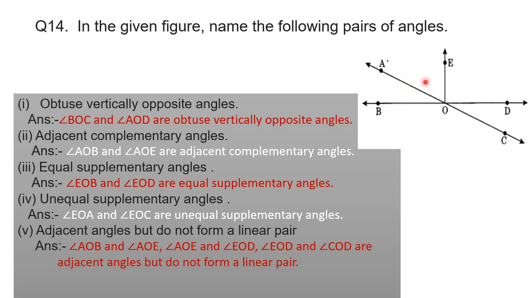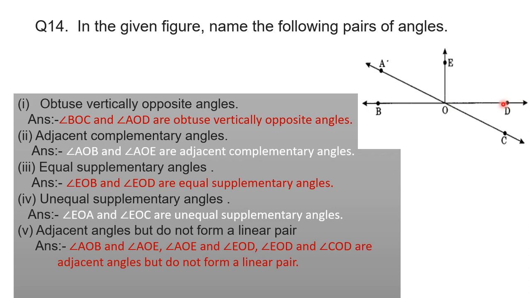Okay. Now, angle AOE and angle EOD: angle AOD is an obtuse angle, and this is divided into two angles, AOE and DOE. So both these angles are also adjacent angles, as OE is the common ray and O is the common vertex for both the angles.